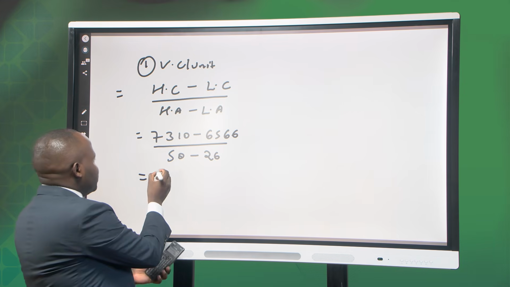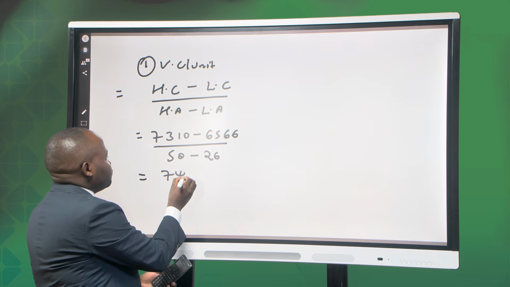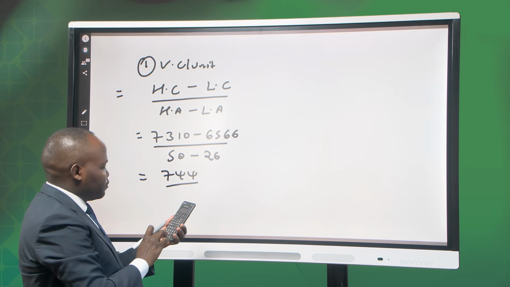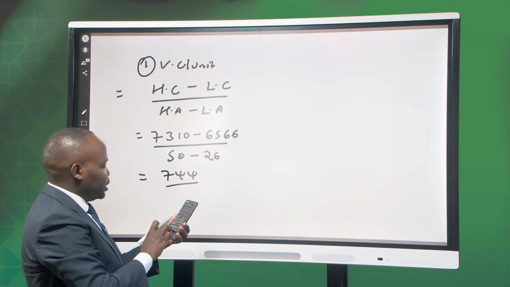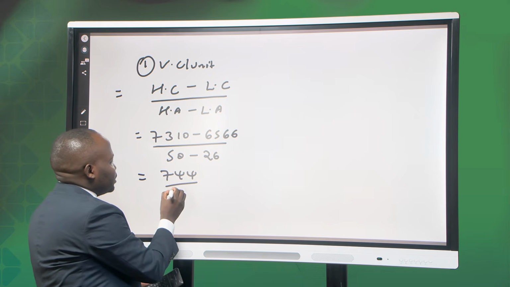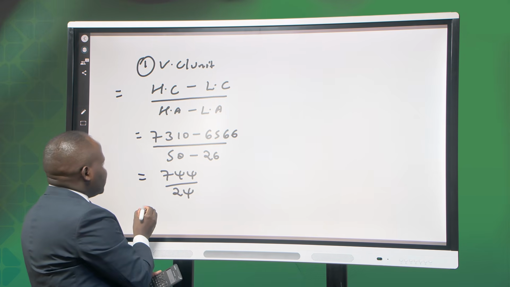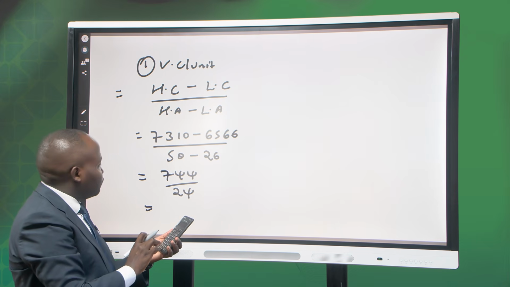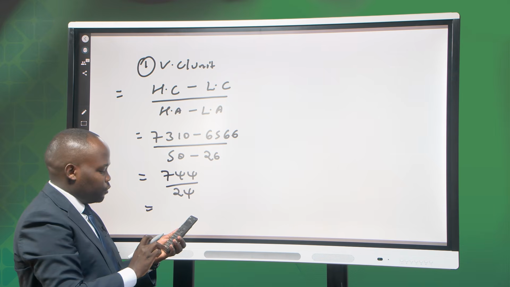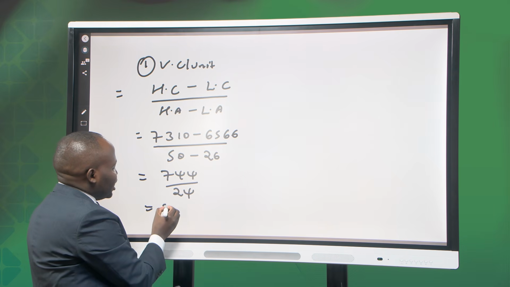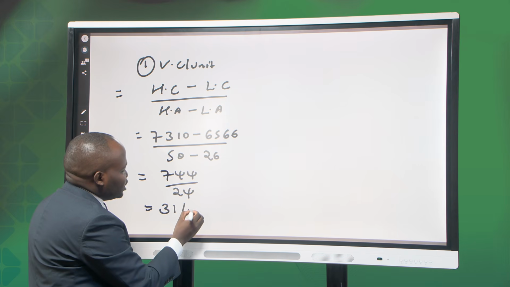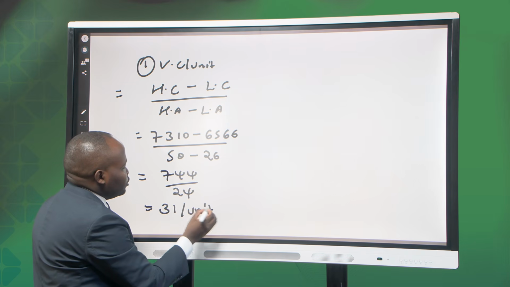It gives us the numerator is 744. Divided by the denominator, 50 minus 26, which gives us 24. So when we take 744 divided by 24, it gives us 31. So the variable cost per unit is 31 per unit.